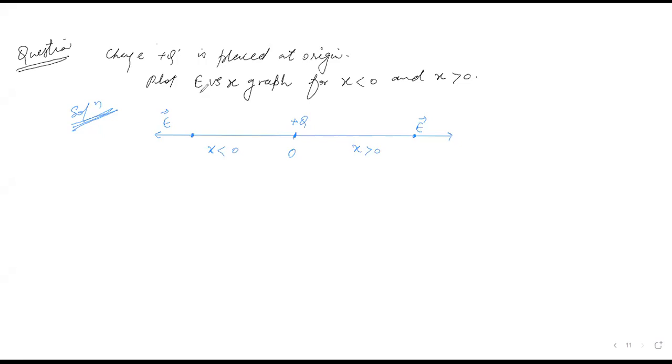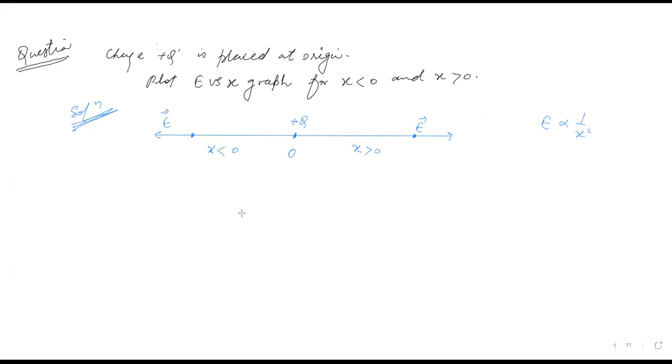And now what will be the graph? We already know the relation between E versus X is 1 over R square. But what will happen if X is greater than 0 and again X is less than 0?